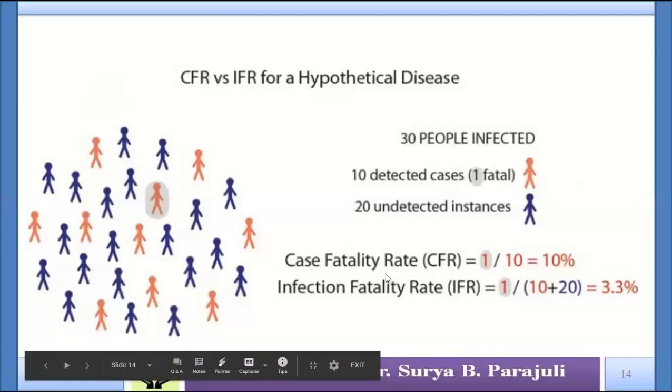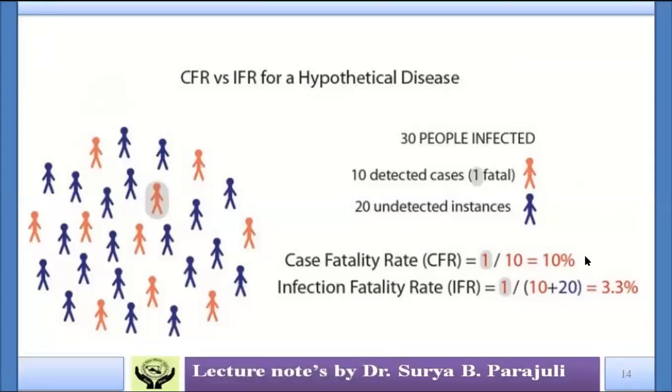So case fatality rate means out of 10 cases, 1 death: 1 by 10, into 100, is 10%. So this is case fatality rate. Among infected, how many died? If you calculate in terms of 100%, then it is called case fatality rate.